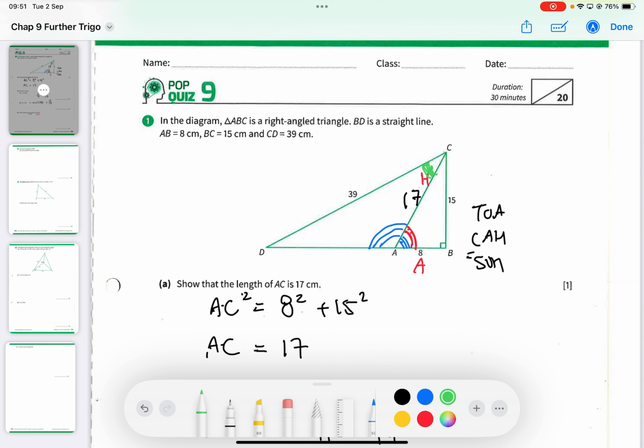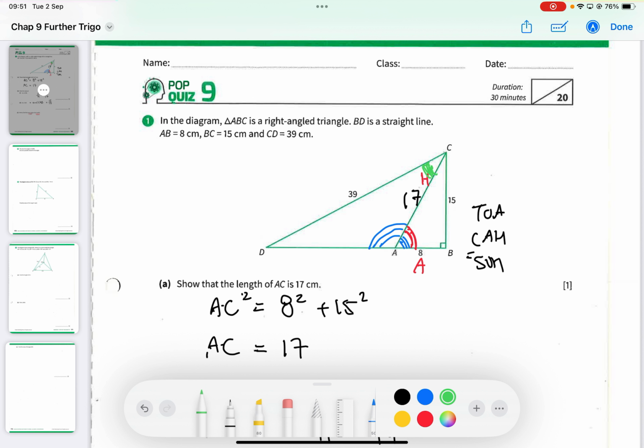I have the opposite side. I have a pair. I can use this pair to find the other pair. So actually they are asking me to use the sine rule. So they want me to use sine CAD with 39. Then use this length AD with this angle. Okay, so that is the direction that I should be thinking.